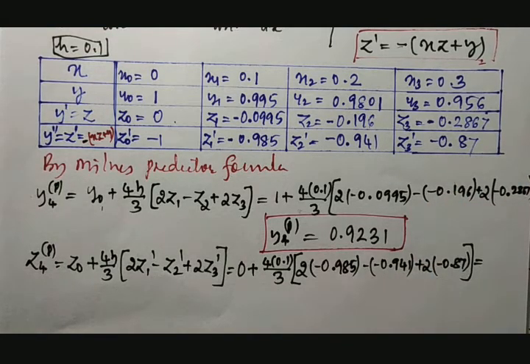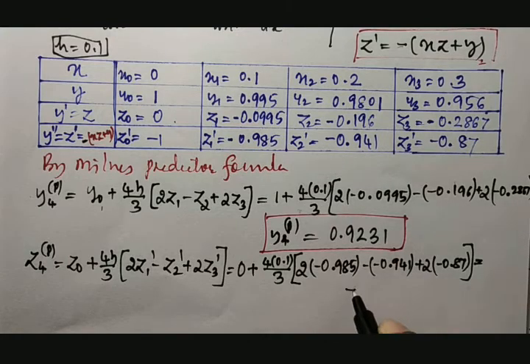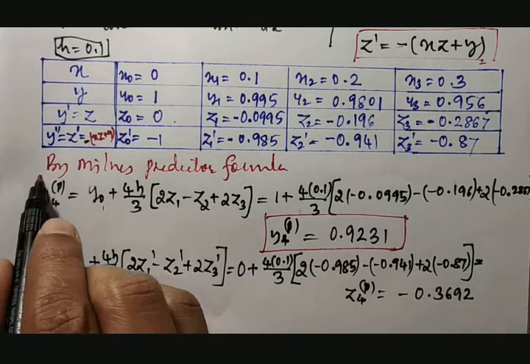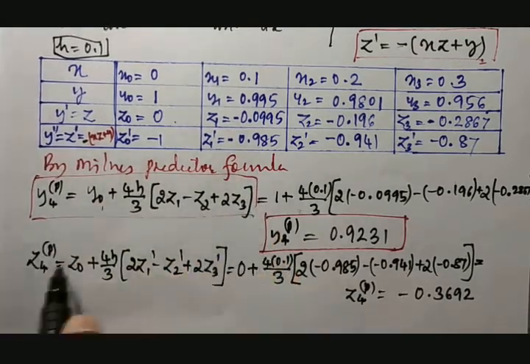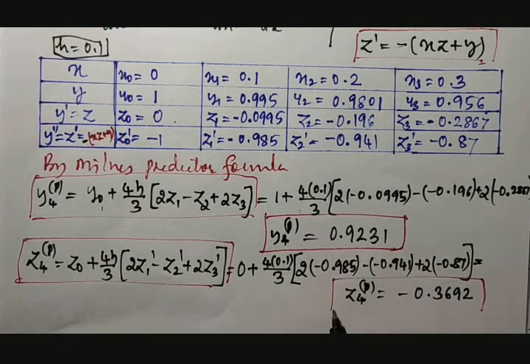So the prediction to z4 is equal to minus 0.3692. So this is the formula and this is the result. Again, this is another formula and this is the result.